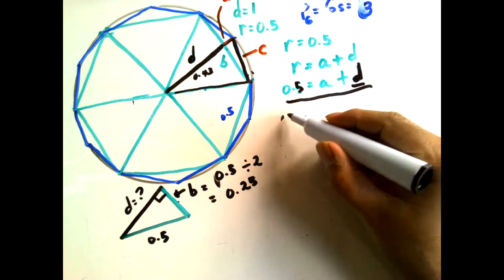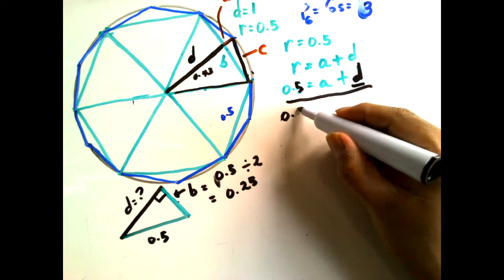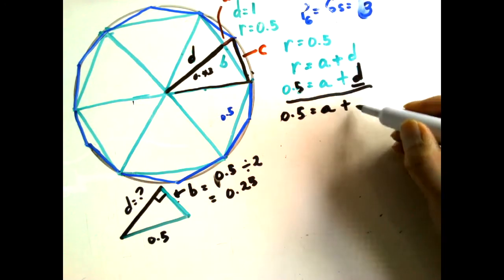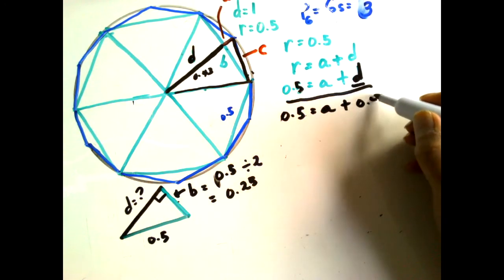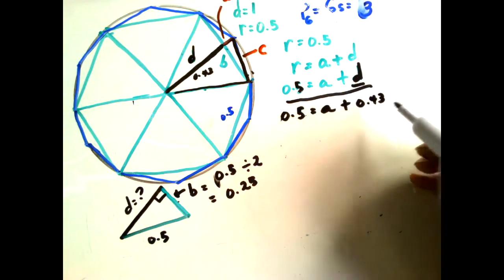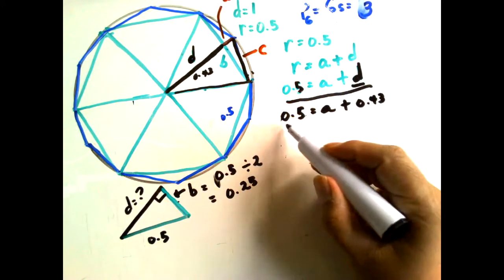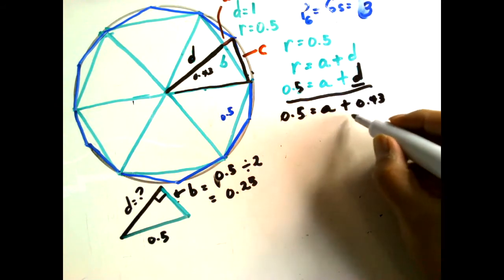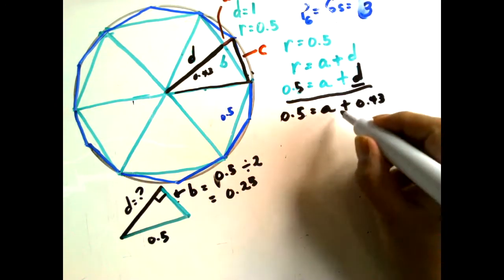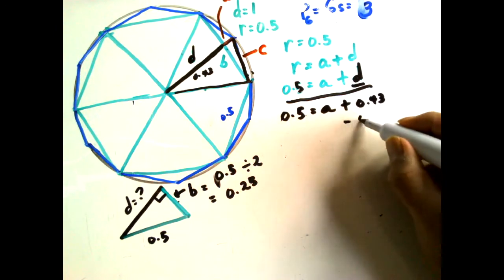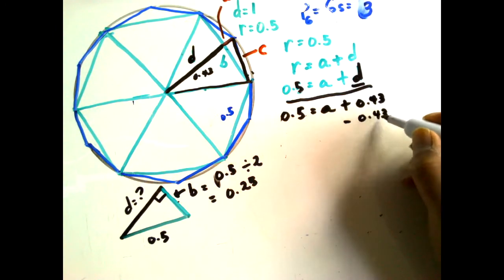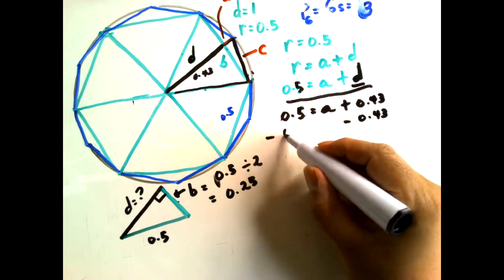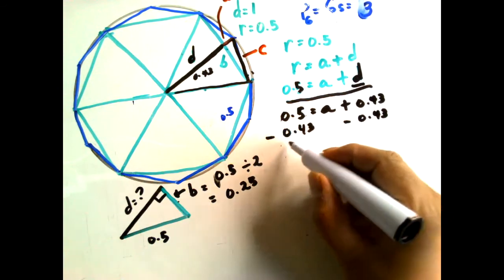So we have here again, we can substitute: 0.5 equals A plus what is D? It is 0.43. What do you add to 0.43 to make this? And that's your value of A. But the algebra would be, you want to get rid of this number here and we only want a letter. So we have to take away 0.43. What you do to one side, you do to the other, which is also 0.43.